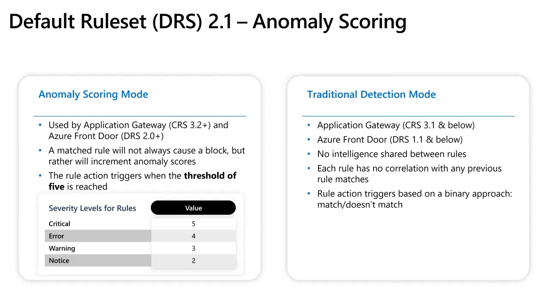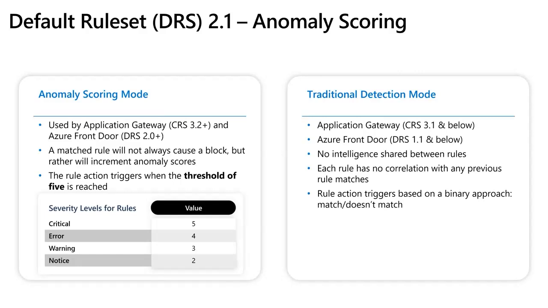If a single request accumulates an anomaly score of 5 or higher, the WAF takes action on the request. This allows the WAF to make more informed decisions and helps reduce the chances of false positives. Again, that's available from DRS 2.0 to 2.1.